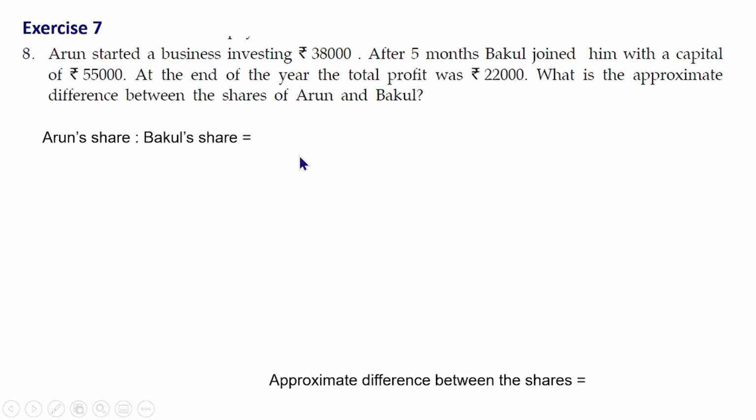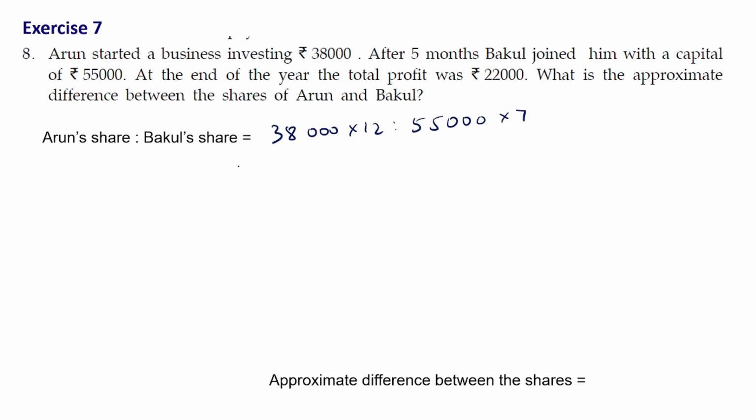So here Arun's share is to Bakul's share. Arun started with rupees 38,000 and it is for the entire year. So it is 38,000 into 12 is to, after 5 months Bakul joined, so Bakul's investment is for 7 months and the amount is 55,000, so 55,000 into 7.